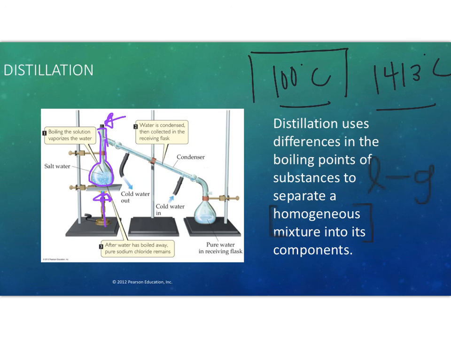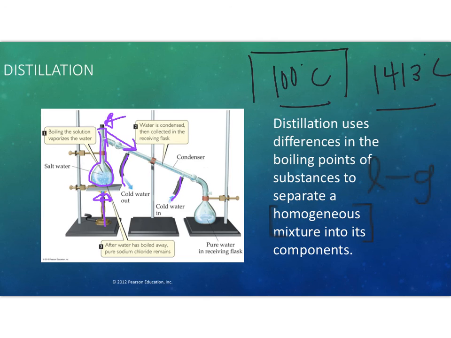So those gaseous water vapor molecules are going to continue down this condensing tube. In this condenser, we have cold water that's moving in and out. So you see these arrows. These tubes would be connected to a water source. We have cold water circulating throughout this condenser. So when cold temperatures hit the water vapor, they condense.